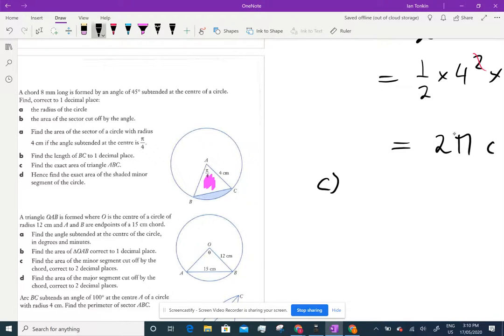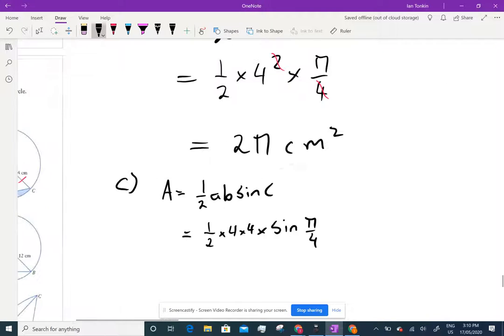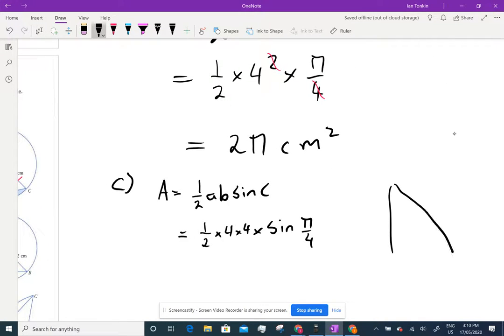So area equals, well, I know that they're the radius of the circle, and I've got pi on 4 in the middle, so I can use a half AB sine C. So, well, it's a half times 4 times 4 times sine pi on 4. Now, I know exact value, and it's on my reference sheet.